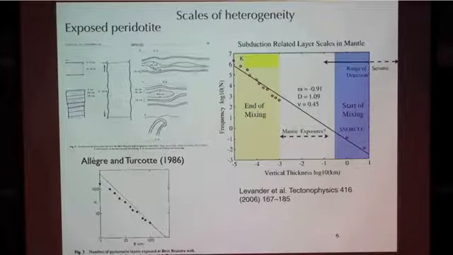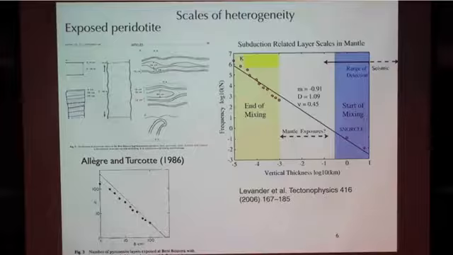They just computed the number of bands and their width. This scale is in centimeters, so 100 centimeters, and the number of bands, and found this cascade, essentially, of banding.